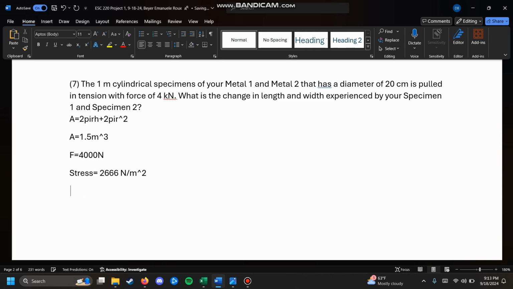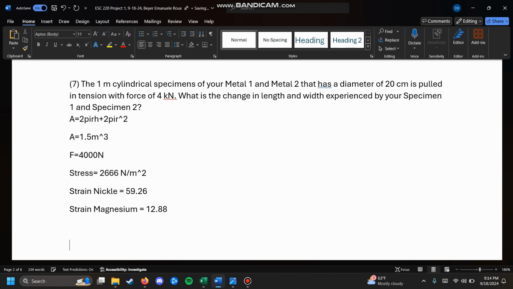So for strain of nickel, using Hooke's law, we found it to be, let's see, the strain of nickel is 59.26. The strain does not have units, and the strain of magnesium, we found that to be 12.88.